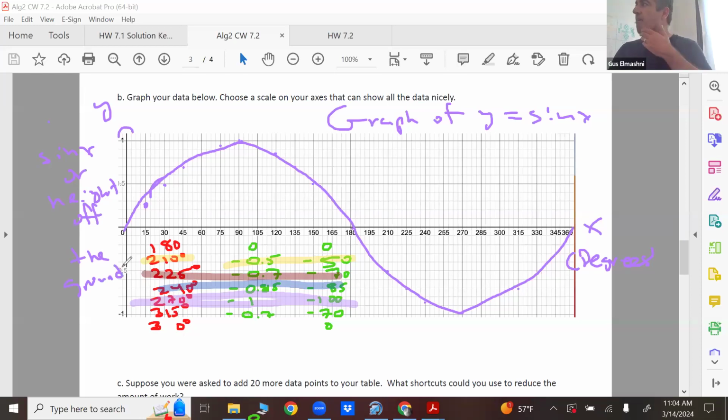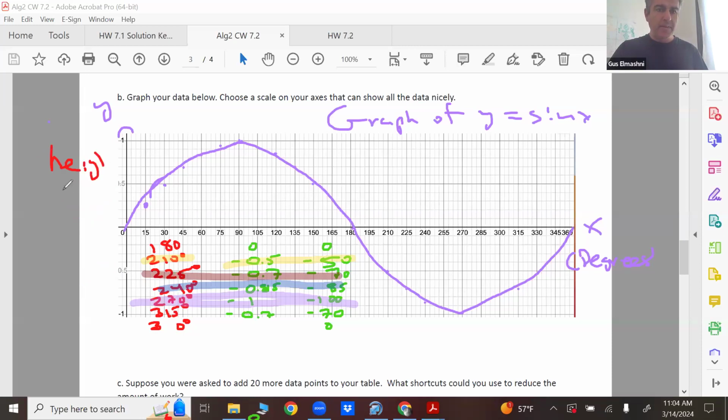I'm not sure if you guys can read that. That is terrible. Let me do better. Red, that's the height.